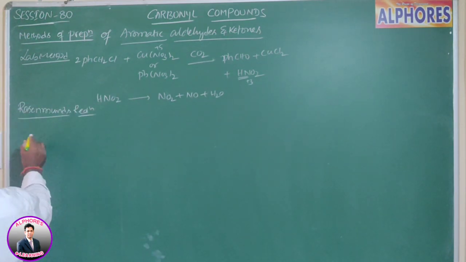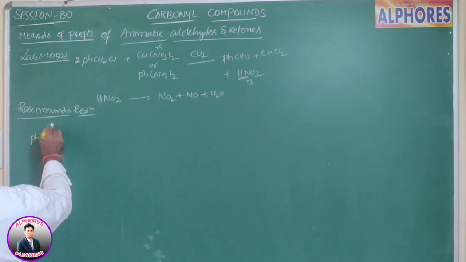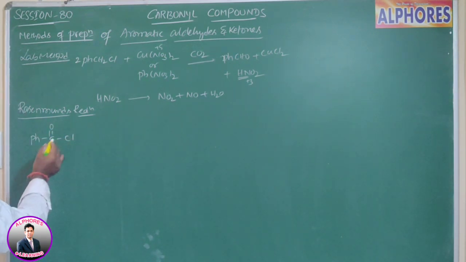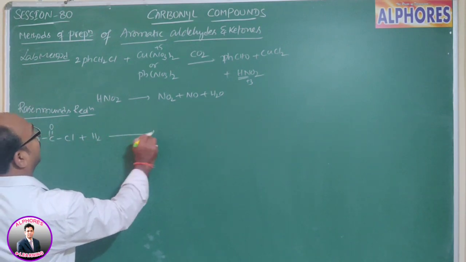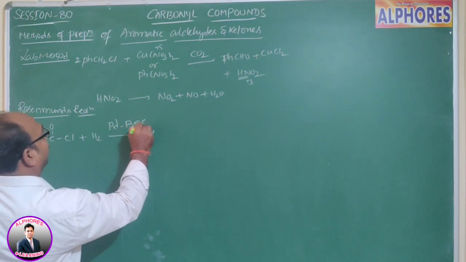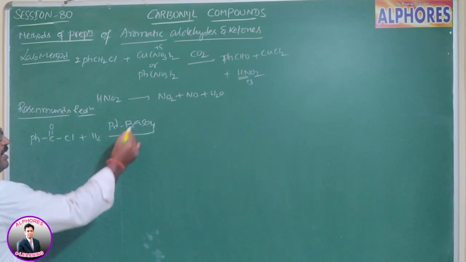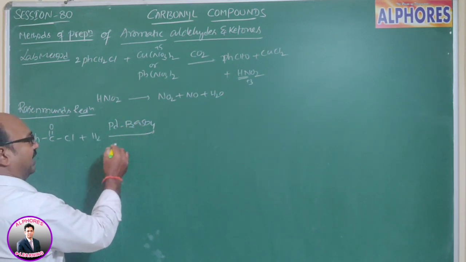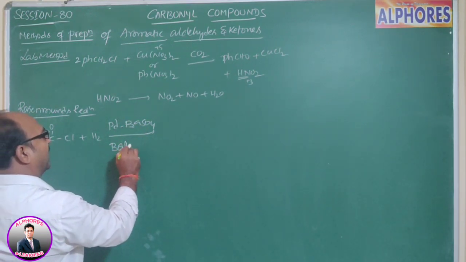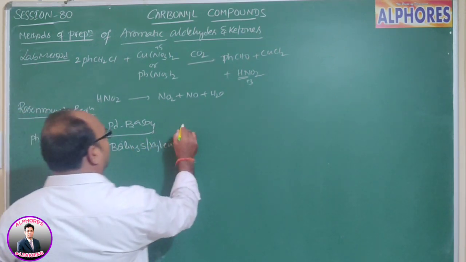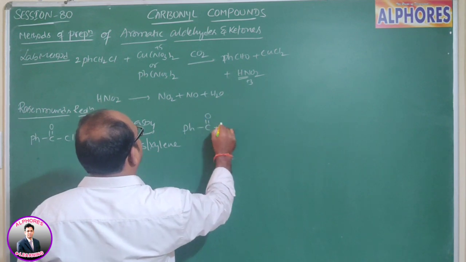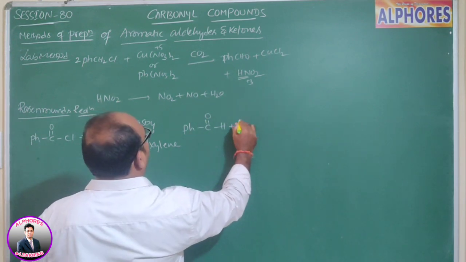Let us consider an acid chloride, here benzoyl chloride, PhC=OCl. This upon reduction using palladium barium sulfate, where barium sulfate decreases the catalytic activity of the catalyst, and boiling sulfur or xylene, gives benzaldehyde, PhC=OH, and PdCl2.